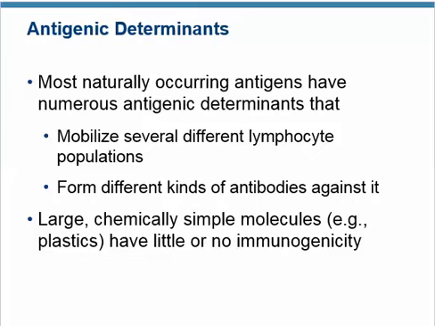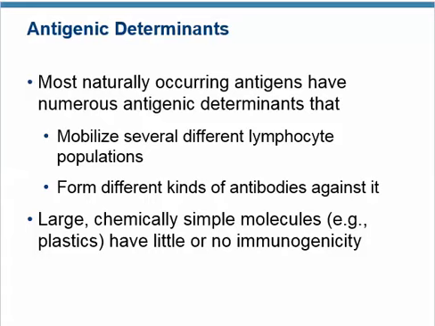So most antigens have all kinds of these antigenic determinants and will evoke a fairly large response, because these big complex molecules have all kinds of different places that can be antigenic determinants.